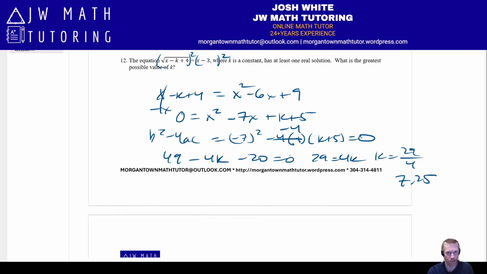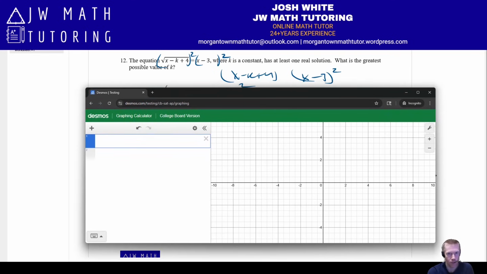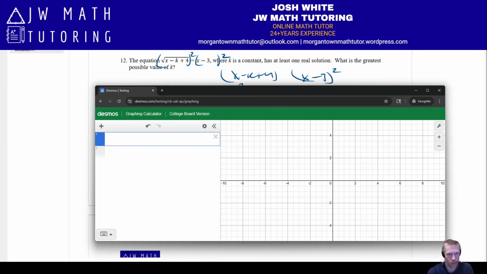You're going to square both sides. Okay, so we're going to have x minus 3 squared, and we're also going to have x minus k plus 4. We want at least one real solution, so that means we want one intersection point.